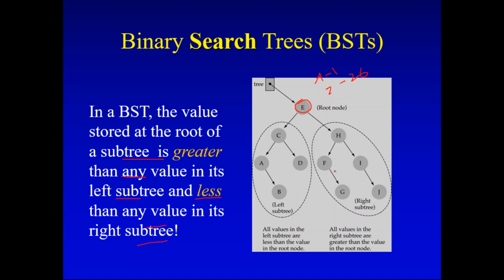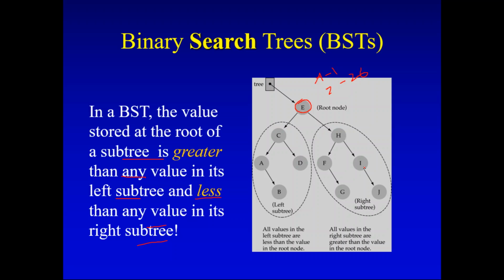G is greater than E, but it is less than H, and it is greater than F. A, B, C, D, E, F, G, H. So it is less than H and greater than F, so it comes here.